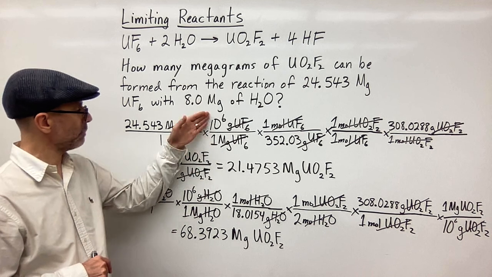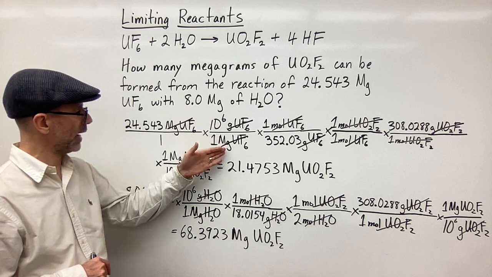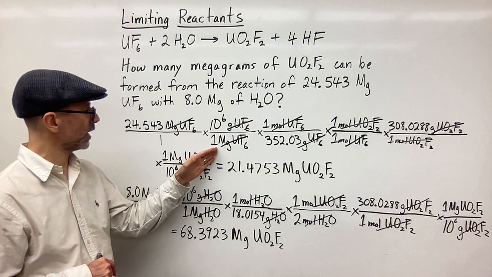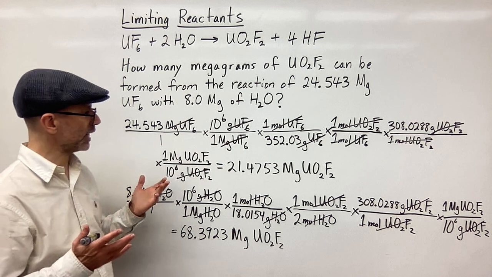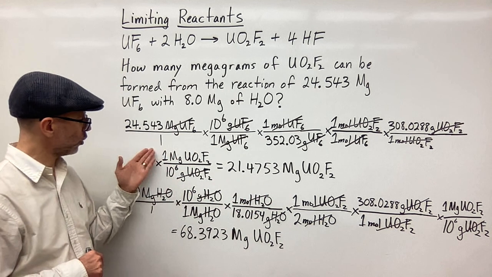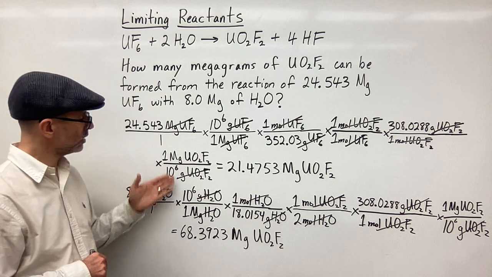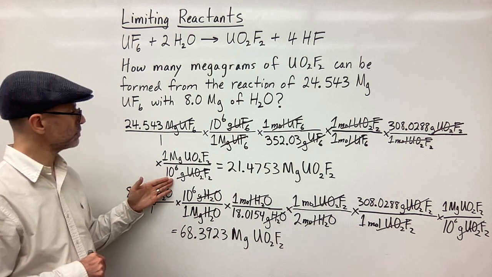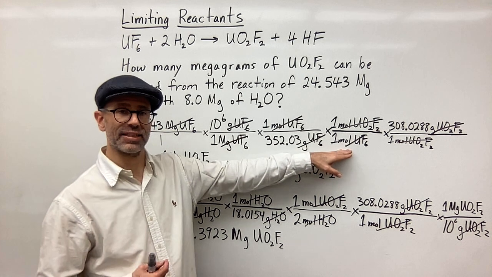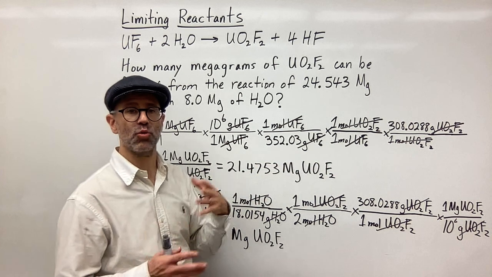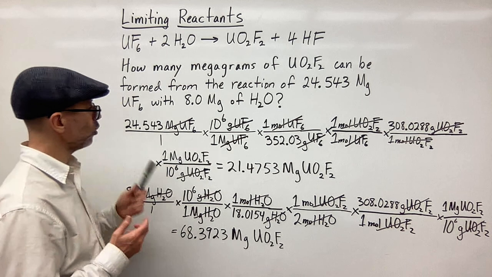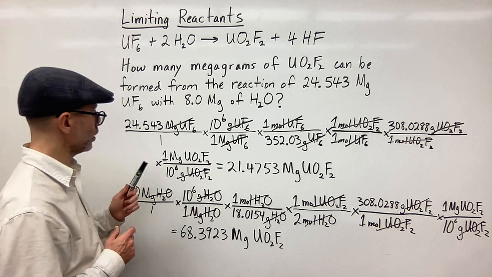Any metric to metric, where it's metric mass to metric mass, is going to be exact, so we can ignore it. So 1 megagram to a million grams, that's exact. We can ignore that. Mole ratios we can ignore because that's a counting number. So 1 to 2, 1 to 1, that's going to be exact.